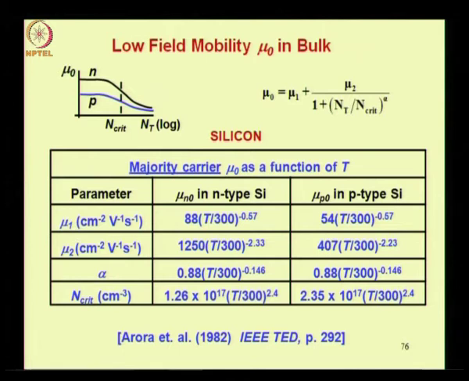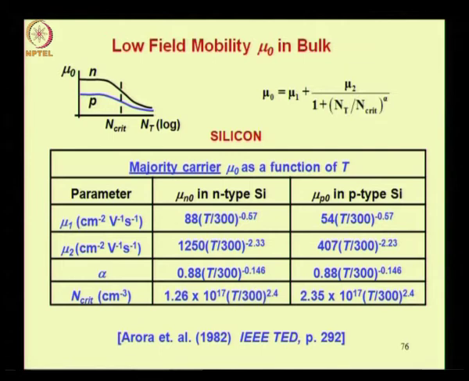Now let me just mention the significance of the n critical. So what is the significance of n critical? You see, when nt is equal to n critical, the mobility is approximately half of the maximum value.